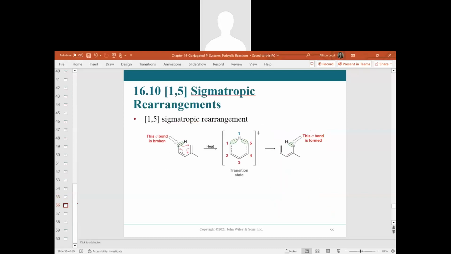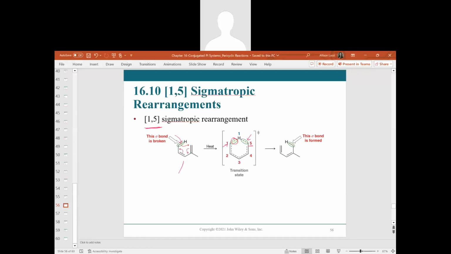If we have this special case here, this is commonly called a 1,5 sigmatropic rearrangement. As pointed out over here, this we'll call carbon 1 or atom 1, and this bond that's highlighted between this carbon and hydrogen is being broken, and we see this bond over here between atom 5 and the hydrogen, so carbon 5 and the hydrogen, being formed.